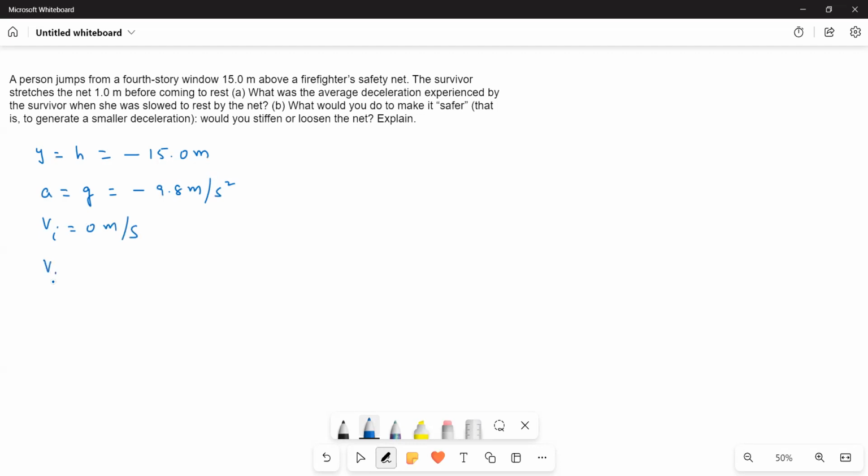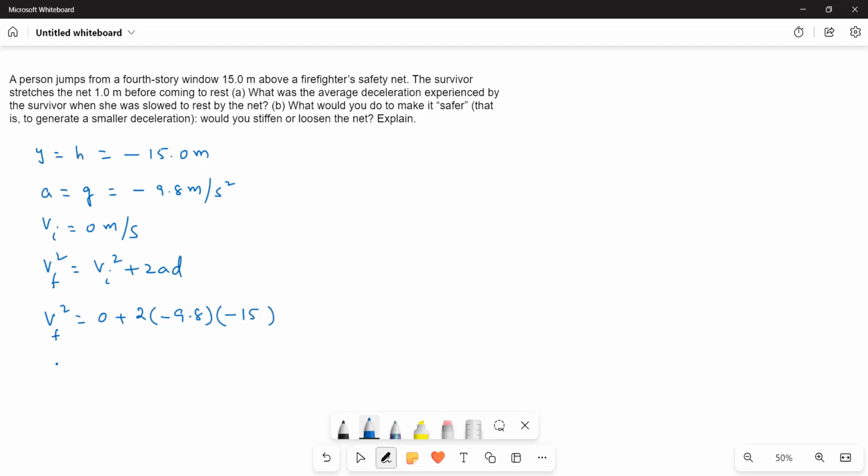To find the final velocity, we have the formula Vf square is equal to Vi square plus 2Ad. Therefore, Vf square is equal to 0 plus 2 times negative 9.8 times negative 15.